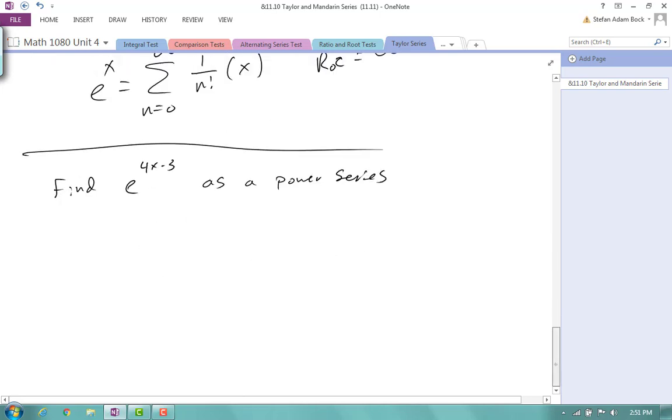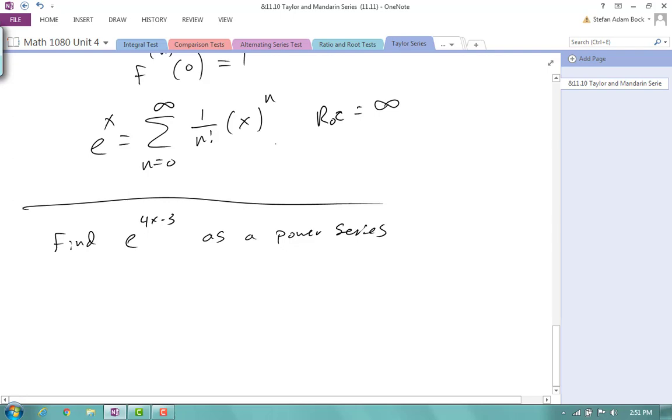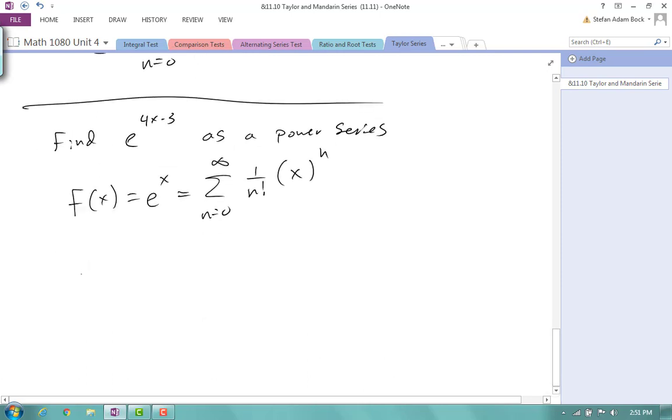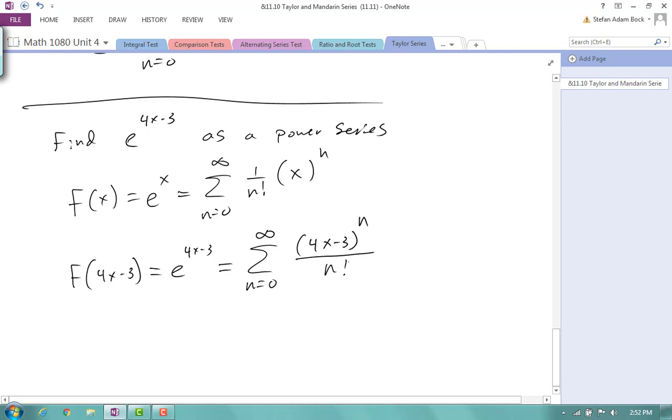well, all I would have to do actually is plug it into the power series I already have from up there, because I know that f of x equal to e to the x is equal to the sum n equals 0 to infinity of 1 over n factorial x to the n, which means that f of 4x minus 3, which is equal to e to the 4x minus 3, must be equal to the sum from n equals 0 to infinity of, let's see, I'll have (4x minus 3) to the n, still divided by n factorial.